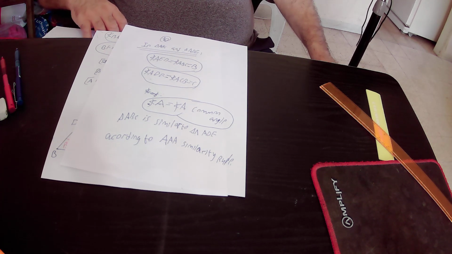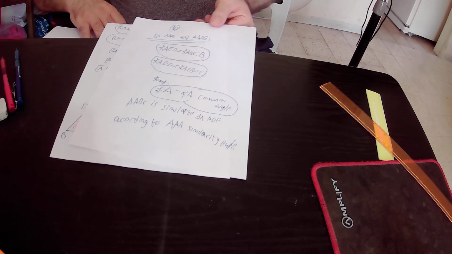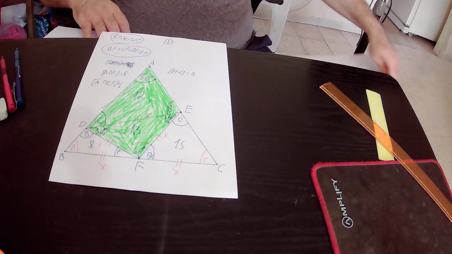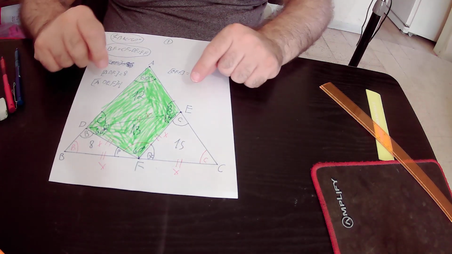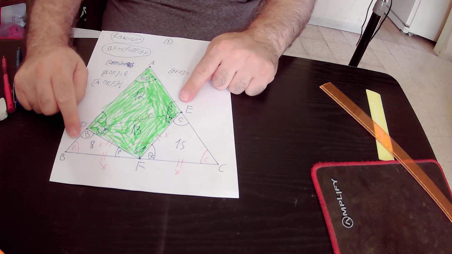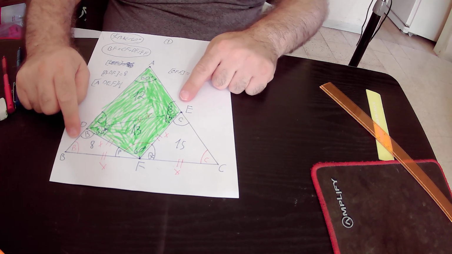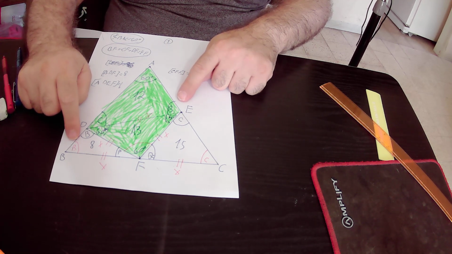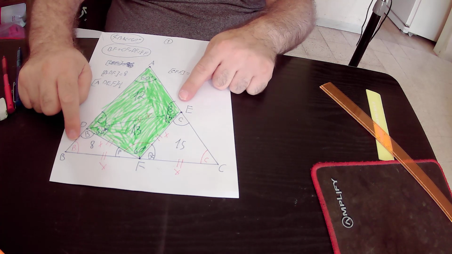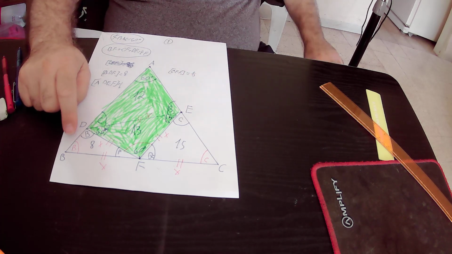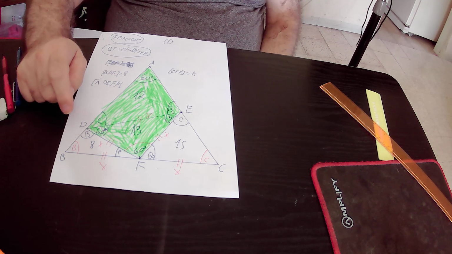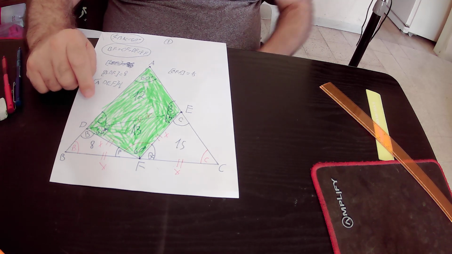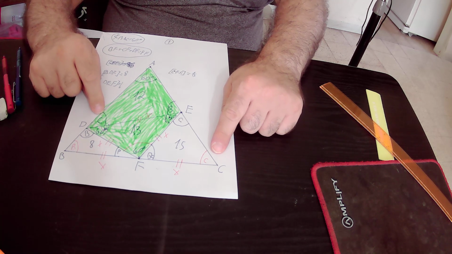Because we have angle AED that equals angle ABC, those two angles are equal to each other, both of them equal to alpha, to B. And we also know that angle ADE equals angle ACB. Those two angles are also equal to each other, and both of them are equal to C.